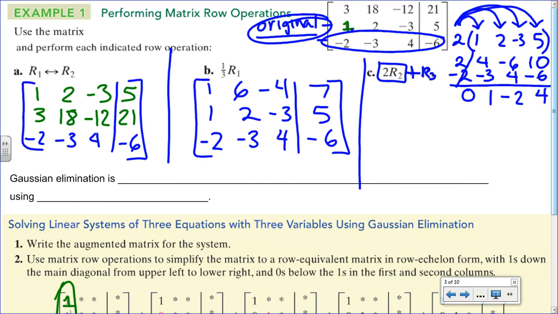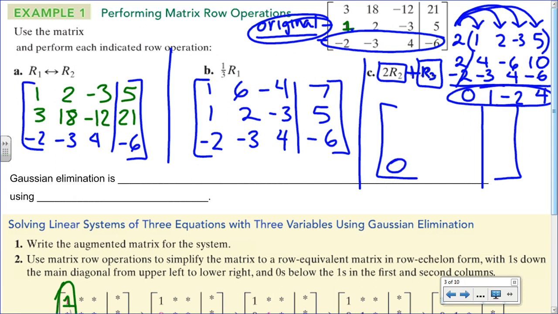So now to copy the resulting matrix, we're only changing the third row. And it's this. 0, 1, -2, and 4. Our first and second row remain the same as the original matrix here. Like that.